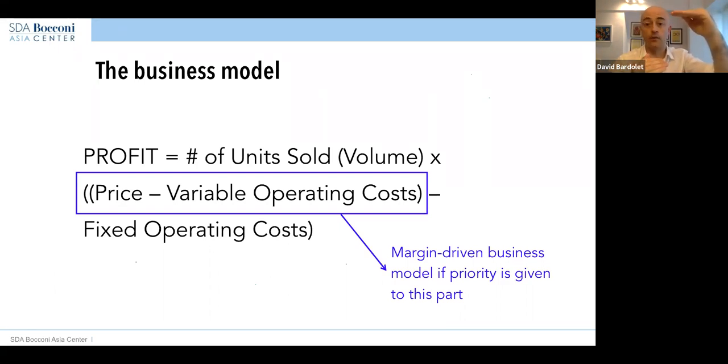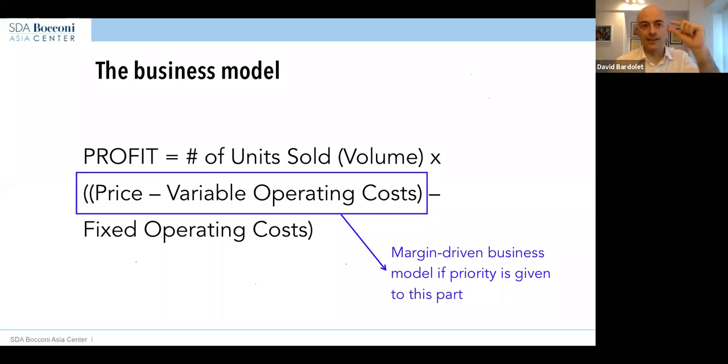They could sell more iPhones if they just drop the prices. They would still make a good profit. The contribution margin would still be positive. But that's not their business model. Their business model is to maximize the margin and see how many we can sell. Of course, at some point, maybe because of competition, Apple realizes that people are not buying anymore.